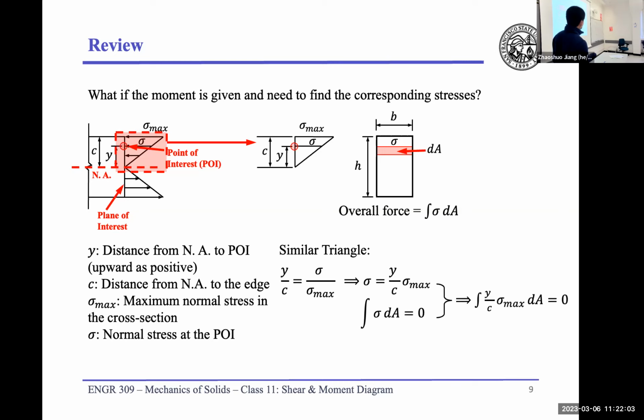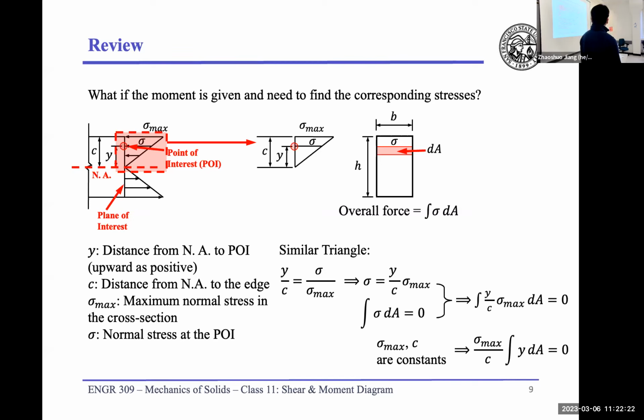We do the integral, and we calculate our sigma. We have an integral equal to 0 because of equilibrium. We put those in, and here is the equation that we come up with. Again, your sigma max and c are constant. We can take them out of our integral. With that said, we come up with this equation.